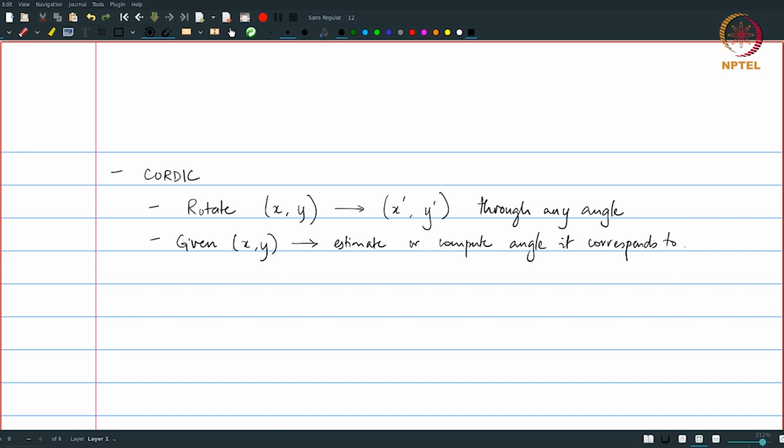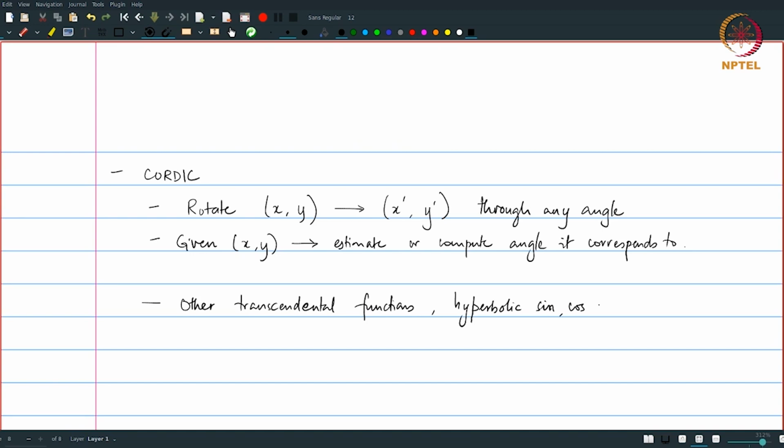And it turns out that with some minor changes, the algorithm can also be used in order to compute a number of other transcendental functions, for example, the hyperbolic sine, cos, tan, etc. and related kinds of functions can also be done using a very similar kind of approach of the CORDIC rotations.